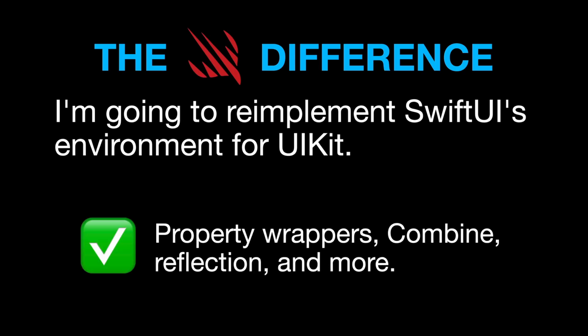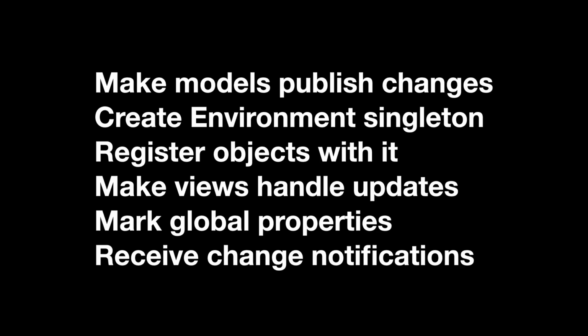But we will use property wrappers. We will use Combine, reflection, type erasure, and more. There's lots to think about in terms of coding, plus hopefully a great starting point if you want to continue doing it further. Okay. So here are the 6 things we're going to try and work our way through for the remainder of this talk, starting with making our models publish changes.